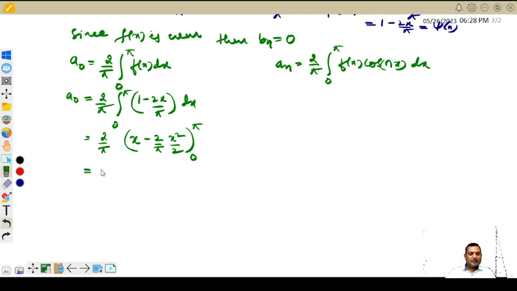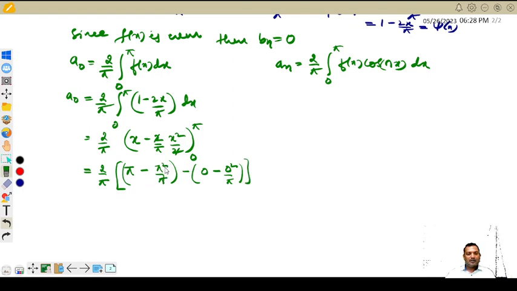Now, which is equal to 2 by pi, keep it as it is, substitute the upper limit: x is pi, here 2 and 2 get cancelled, pi minus pi square by pi, minus lower limit, both containing x value, so this is 0 minus 0 square.